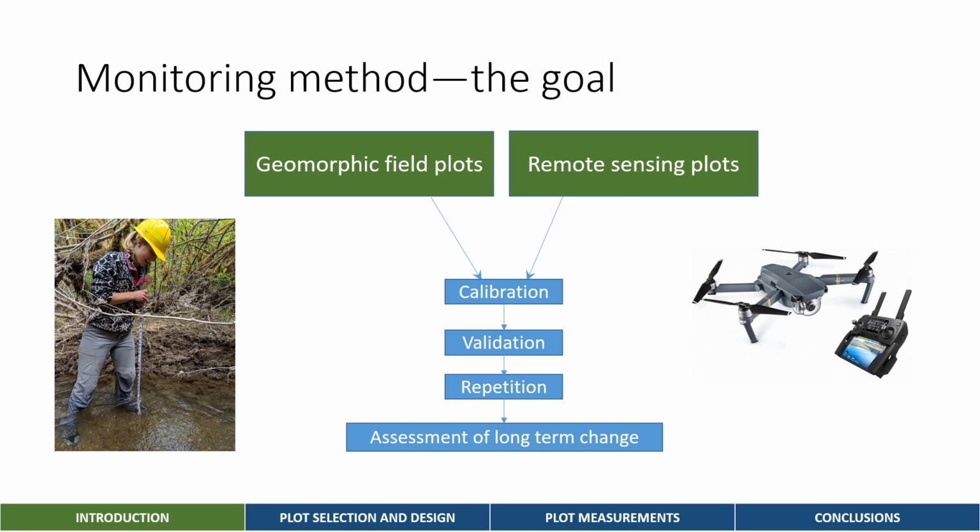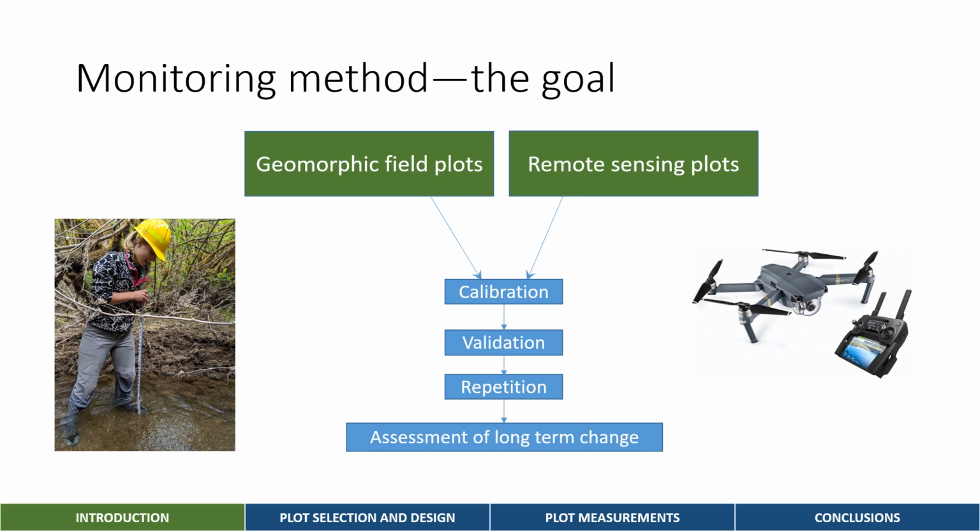Our monitoring strategy pairs geomorphic on-the-ground field plots with remote sensing plots. The goal is to calibrate the remote sensing data with the ground measured data, and then in the future validate that remote sensing by repeating the ground plots again.